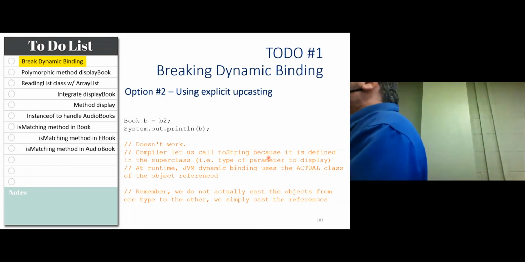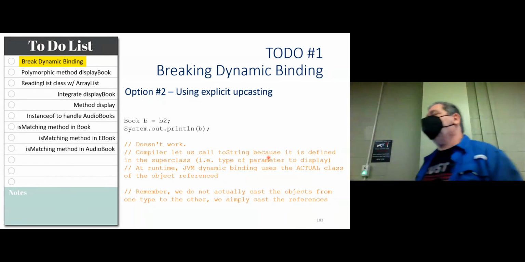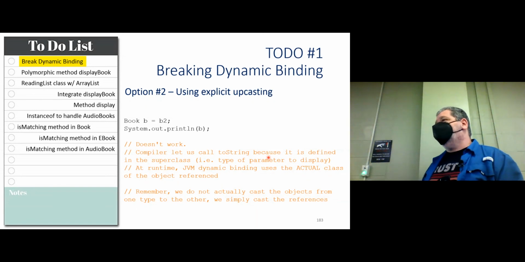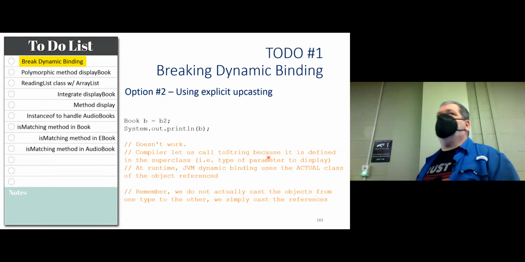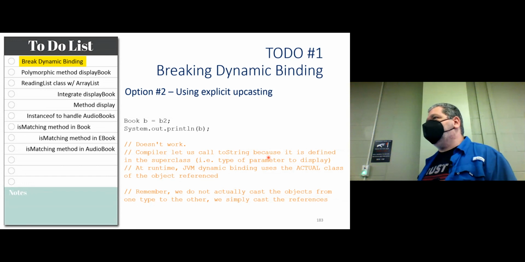It's worse than that. When I get a compilation error, I'm happy. It's not going to give me an error. It's not even going to crash at runtime, but it's going to execute the toString version from the subclass. Remember, my goal at the beginning was to execute the toString version from the superclass. I want to bypass overriding.